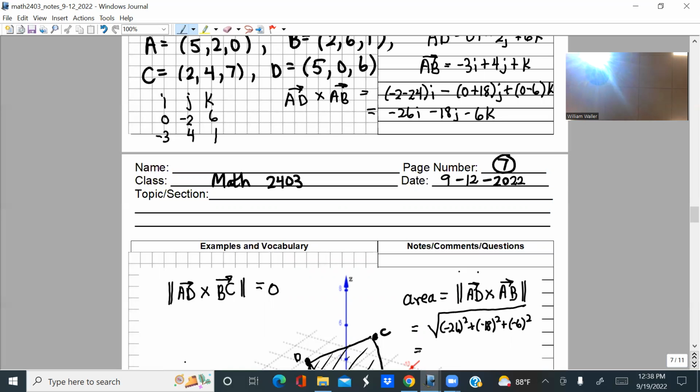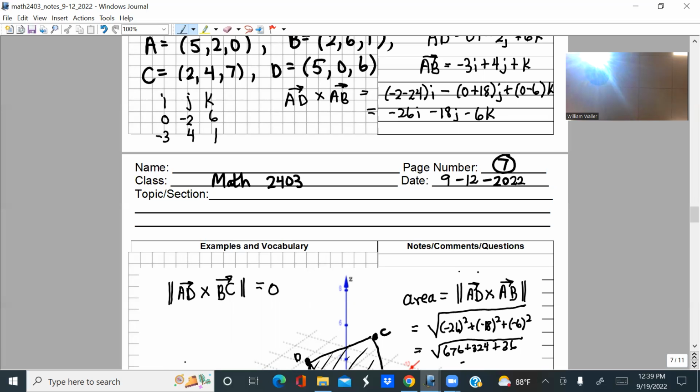What is 26 squared? 676, and then 18 squared. Oh my, what should that be? 324. Is that right? 18 squared? 324. Okay, and then well, I do know minus 6 squared is 36, right?